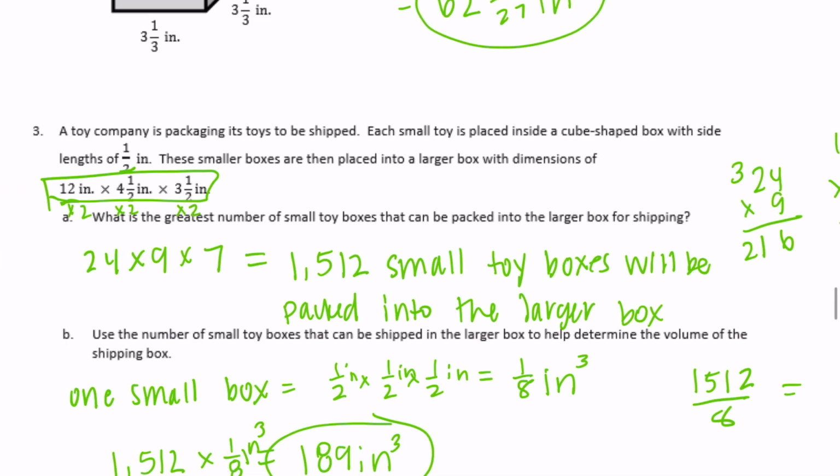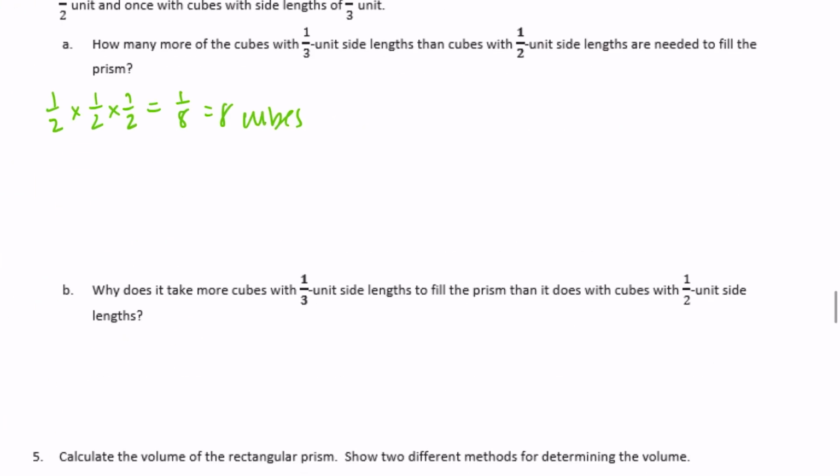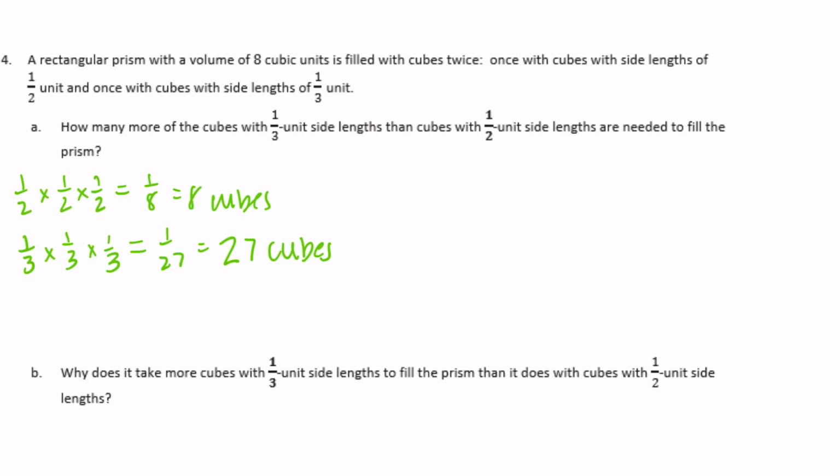So when we have 1/3 times 1/3 times 1/3, we get 1/27th, which would fit 27 cubes in a 1 cubic unit space. So how many more cubes with third length side lengths than half side lengths are needed to fill the prism? So it has 8 cubic units.